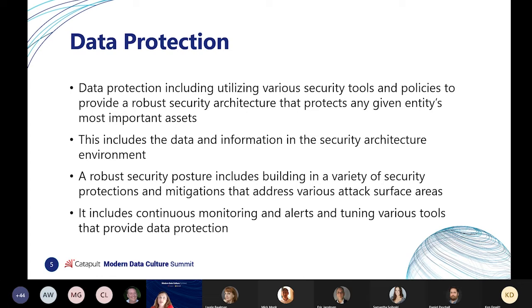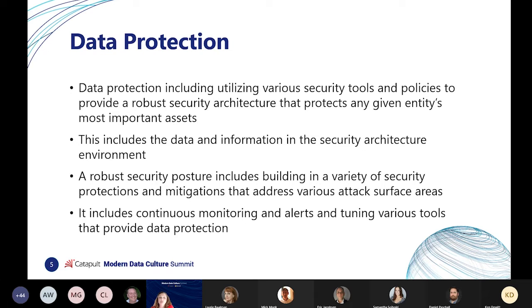Also want to be cognizant of responsibly protecting that data throughout the system development lifecycle, and certainly utilizing the various security tools and different policies in your environment to provide a robust security architecture that's going to protect the entity's most important assets. This is going to include the data and the information in that environment.